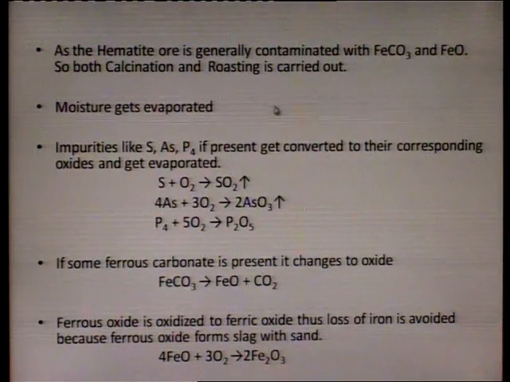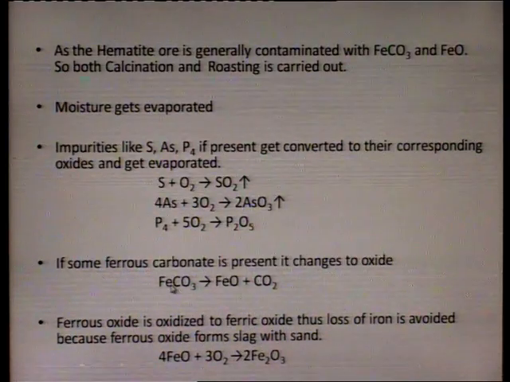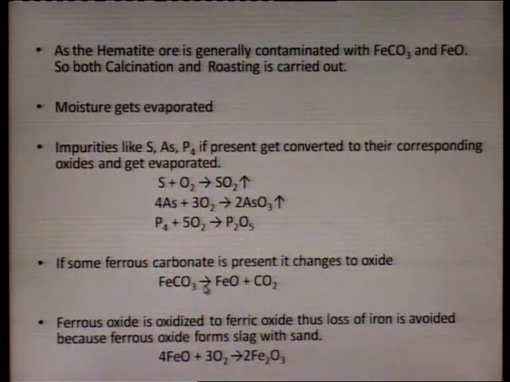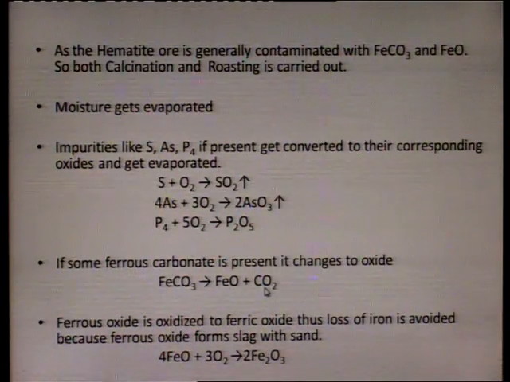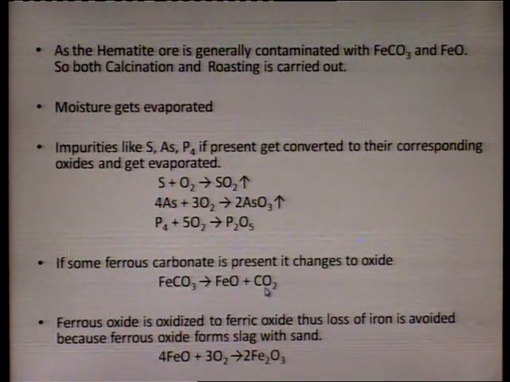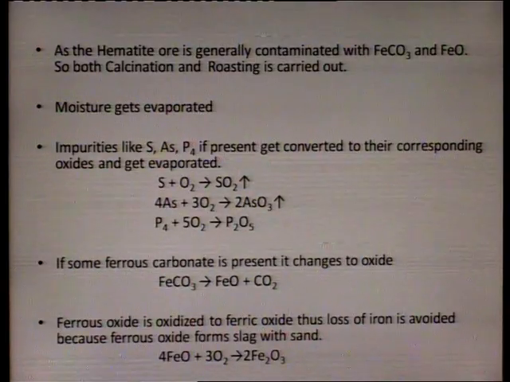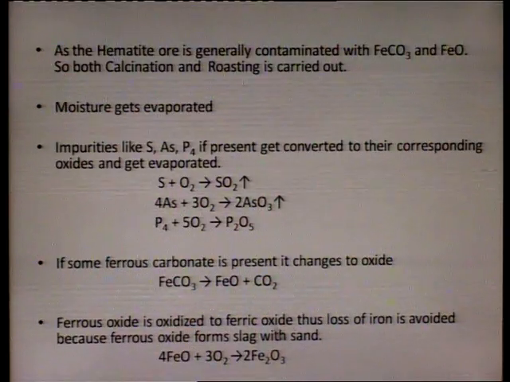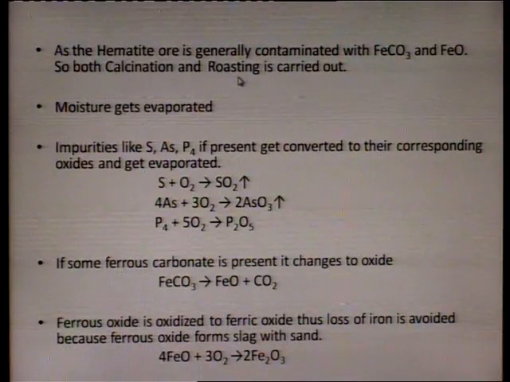And as the hematite ore is always contaminated with iron carbonate, the iron carbonate present in the ore will get decomposed during calcination to ferrous oxide and carbon dioxide. Carbon dioxide, being a gas, will escape out, and the ferrous oxide formed from the ferrous carbonate will further get oxidized to ferric oxide immediately by the process of roasting.